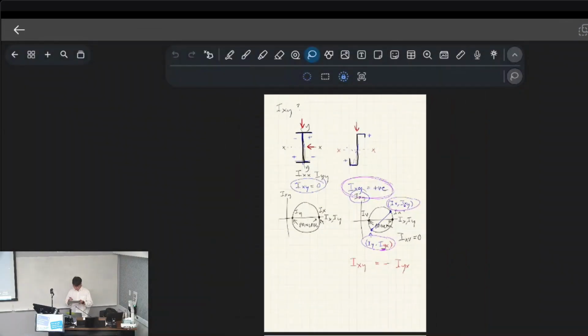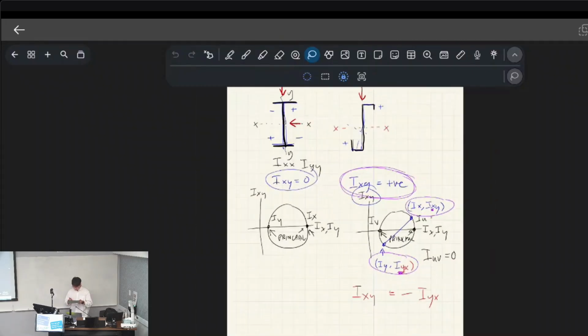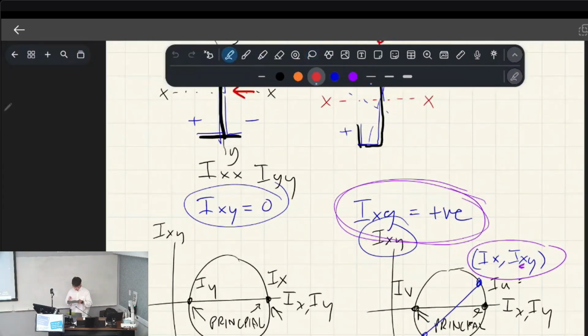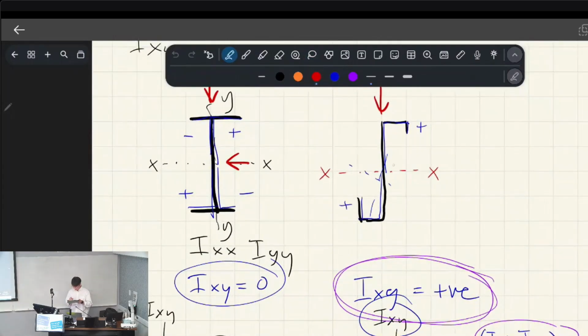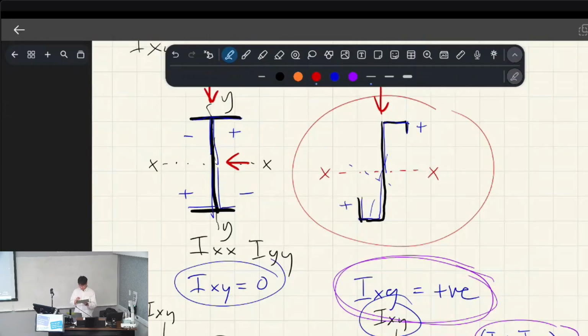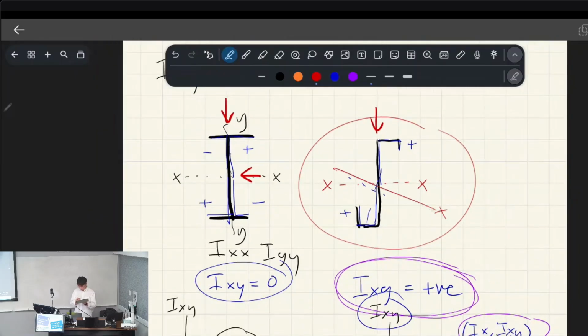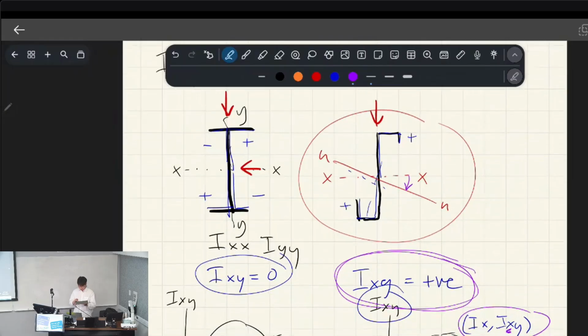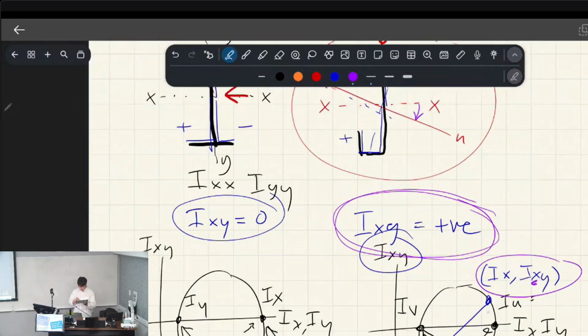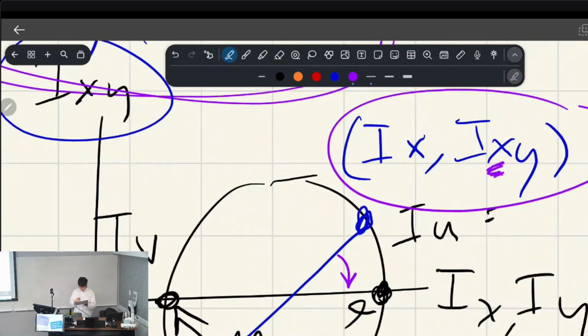One more thing is, if you remember this shape, which wasn't originally bending about its principal axis, remember that the principal axis was somewhere here. So the axis is rotating clockwise, and that makes sense because we have to rotate that way.